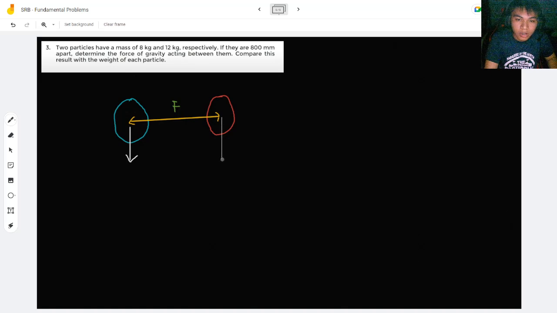We have force acting downward, that is the pull of the Earth, and let's denote it as mg. Actually, let's make it more clear. This is m1 g, and then m sub 2 g. This would be the mass of particle 1, and this is the mass of particle 2.